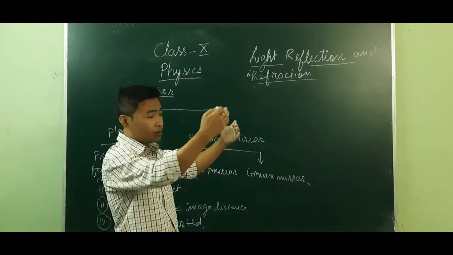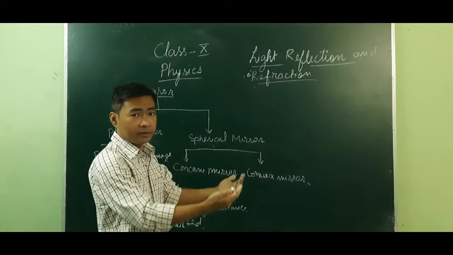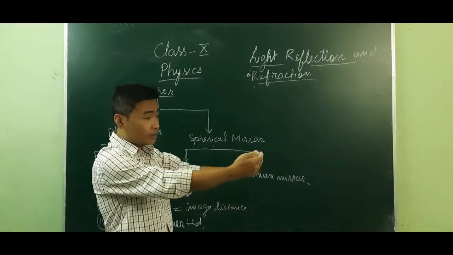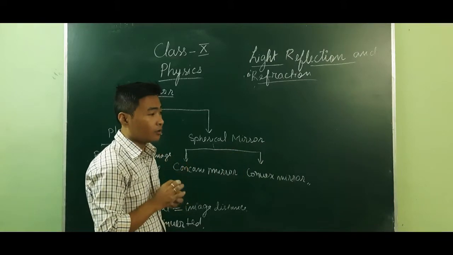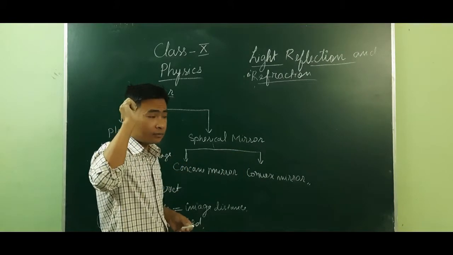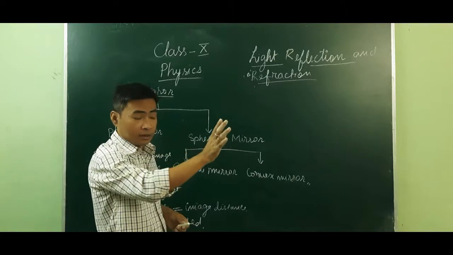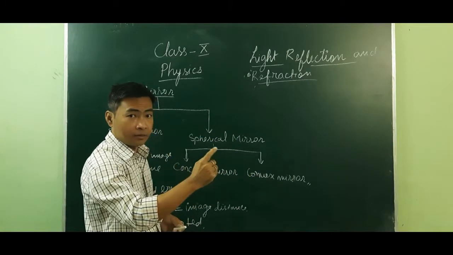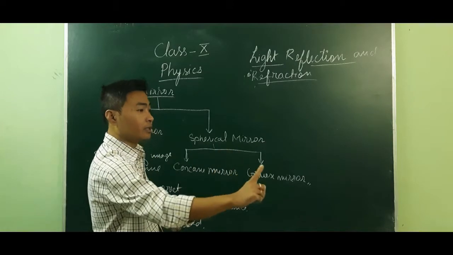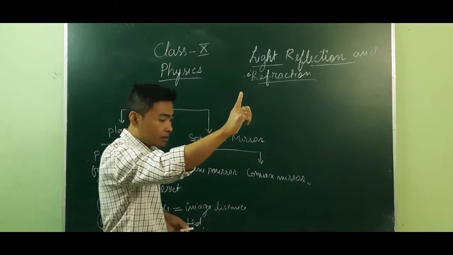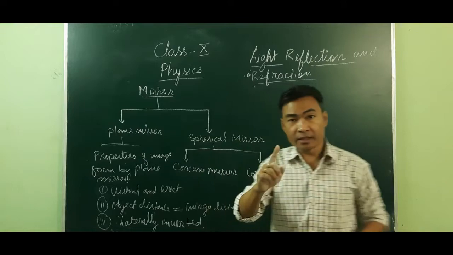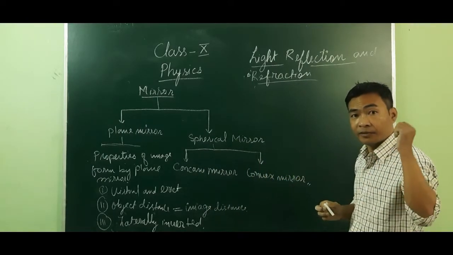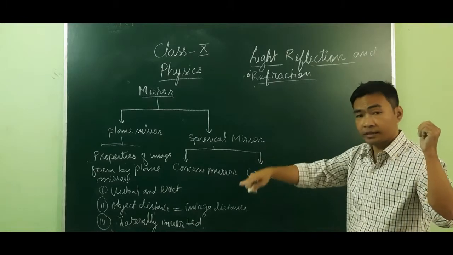If I am standing in front of the mirror, I am seeing myself in the mirror; the face of mine in the mirror is the image, and I am the object. Now if I lift my right hand, the image in the mirror is going to lift the hand which is on the same side of me, this side. But if I see from the image perspective, the image is lifting the left hand, but the object is lifting the right hand.